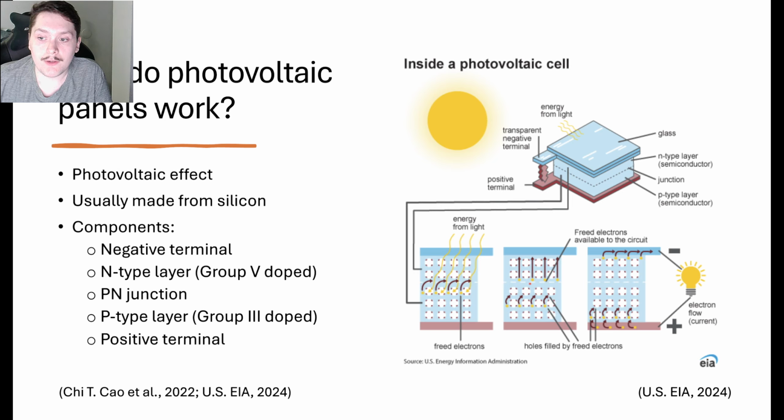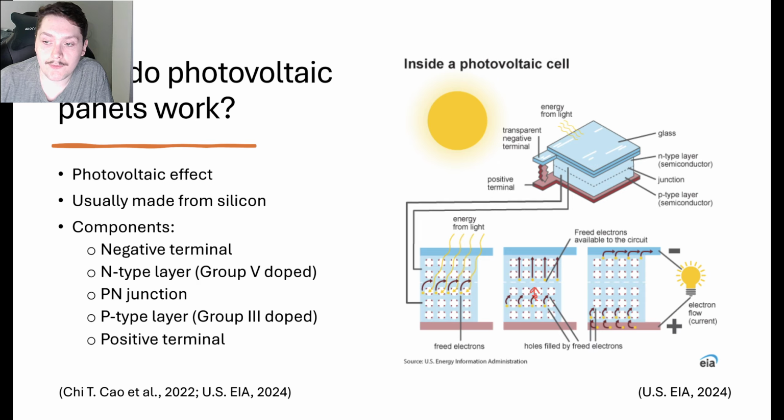So the free electrons are going to go up towards the negative end, and because there are no spaces for them, they are going to keep traveling up and up until they hit the negative terminal, and then they are going to go out into the external circuit and power whatever it is that needs to be powered. The hole that is produced, on the other hand, is going to be filled by an electron below it.